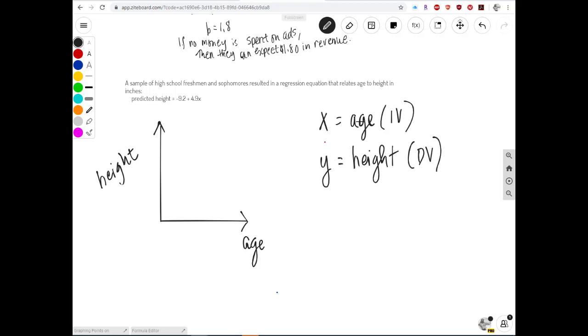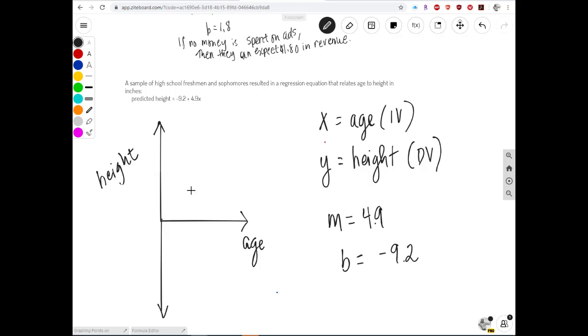Okay, very good. And I also have information about the slope. The slope is positive 4.9. It's really steep. And I also have information about the y-intercept, which is negative 9.2. All right, so I'm going to need a negative line to kind of show up here too. Awesome.